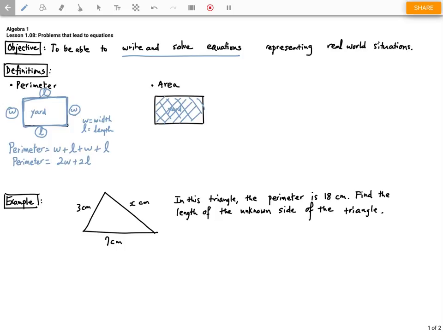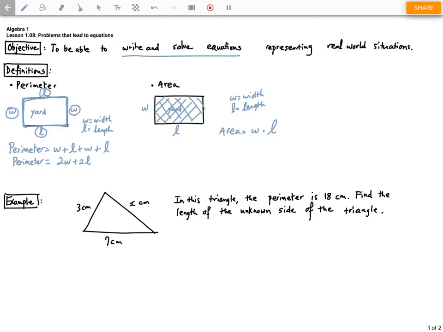For area, let's look at the width and length. W equals width, L equals length. Area is W times L, width times the length.